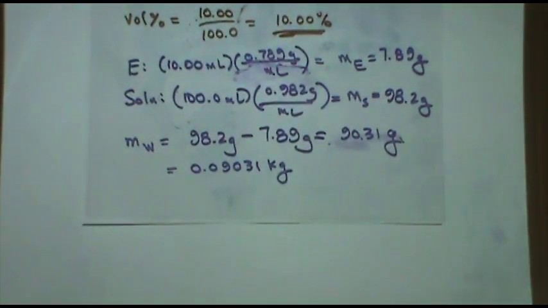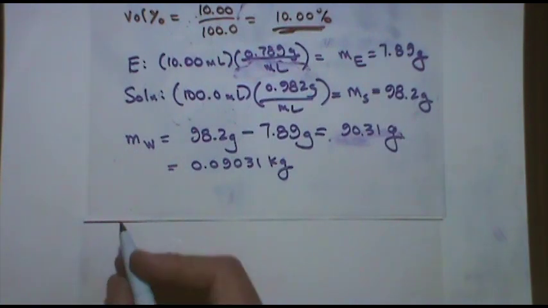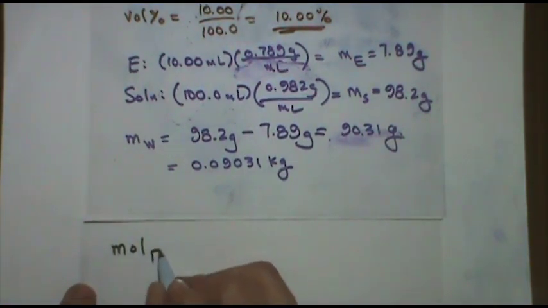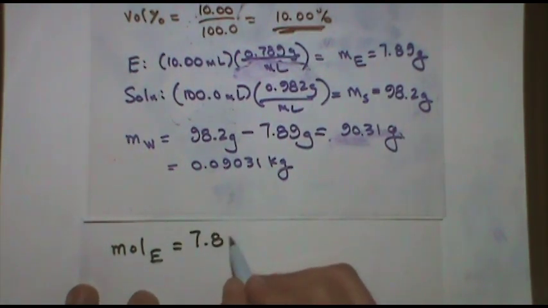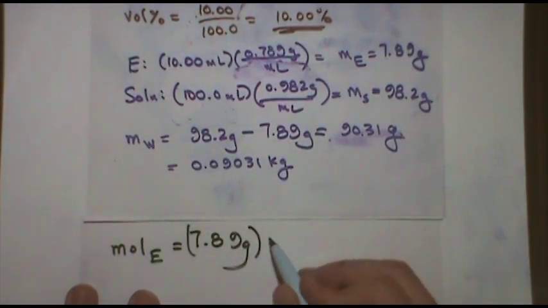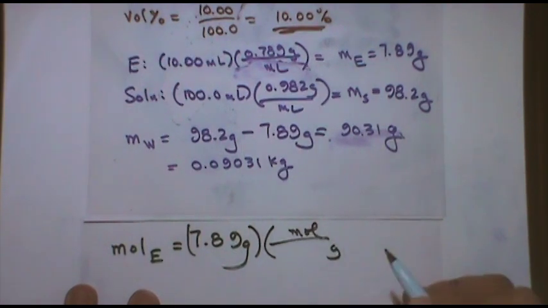Okay. Now, I do need the moles of everything. So let's do that. So, the moles of the ethanol would be 7.89. How am I going to find that? Periodic table, molar mass. Do they give that in the question? No, unfortunately.